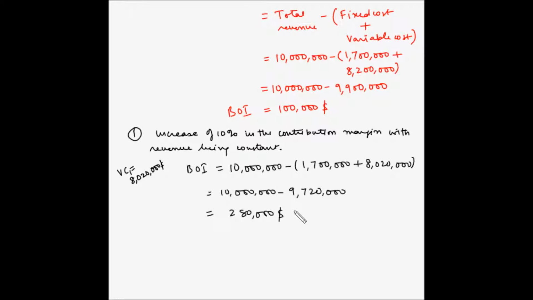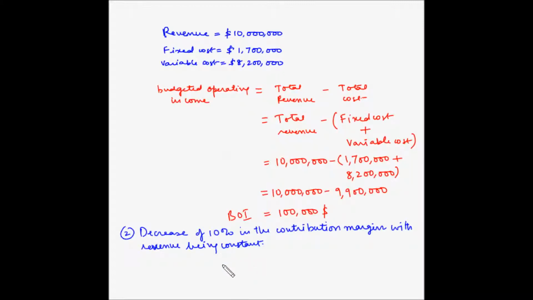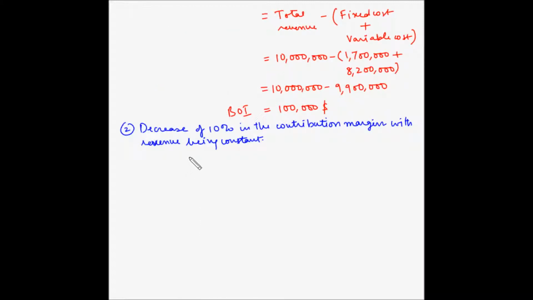Now let's take the second case, which is the impact of decreasing the contribution margin by 10% with revenue being constant. Now, in the previous step, we had determined that the original contribution margin was equal to 1.8 million dollars.